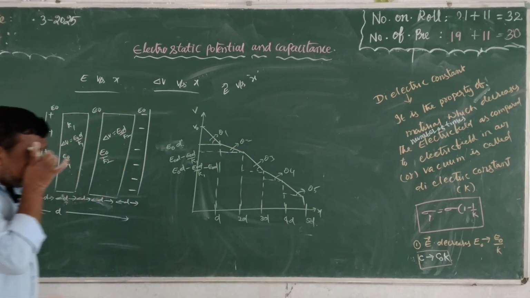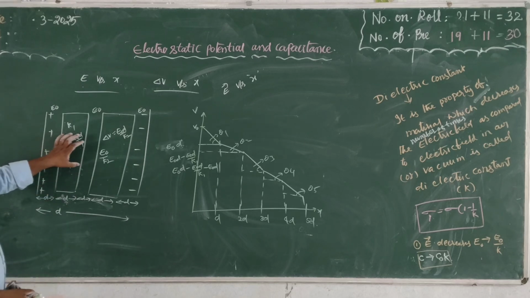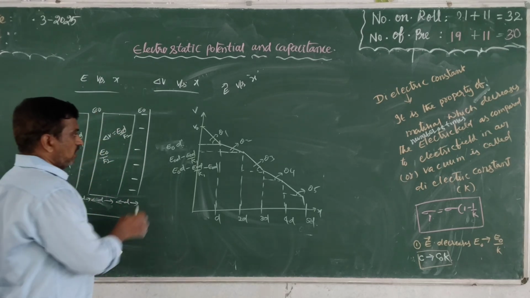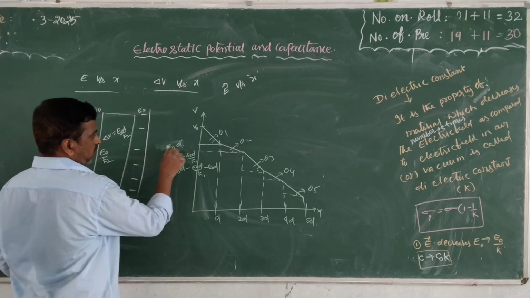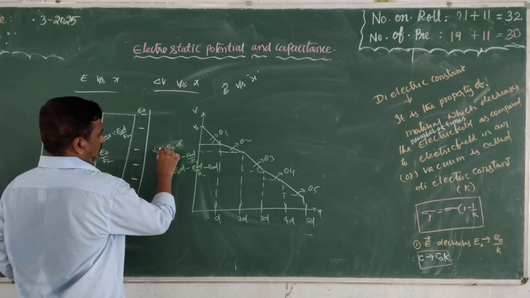Where a dielectric is present, the change in potential is less; where it is empty, it is maximum. Here it is E naught D, V naught minus E naught D.